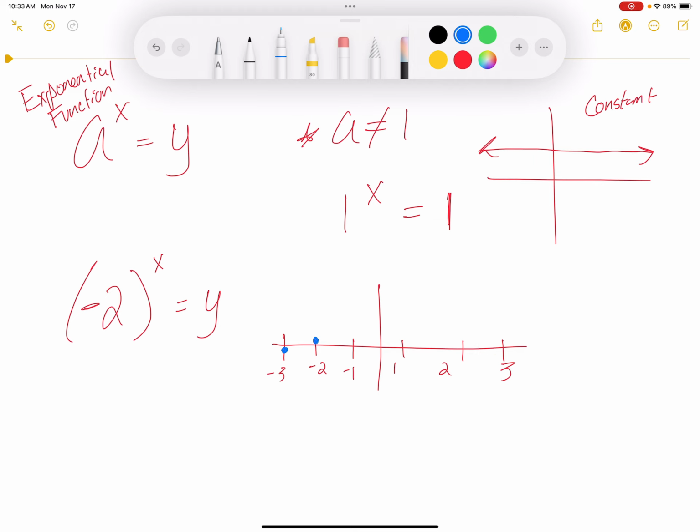So it'd be up here. And the next one, -2 to the -1 power, would be 1/2. And anything to the 0 power is 1. So then you're up here.